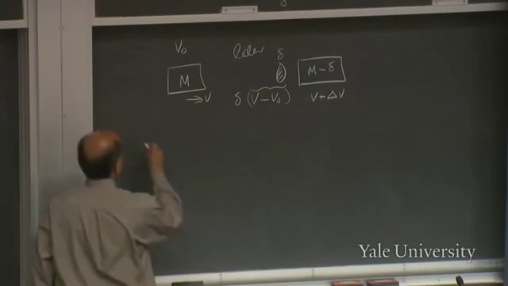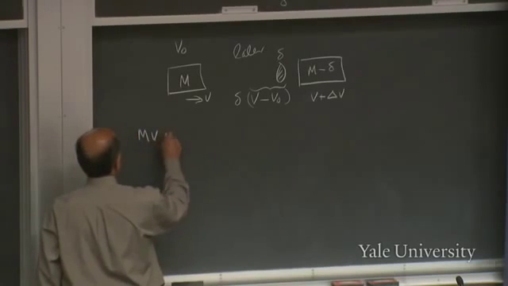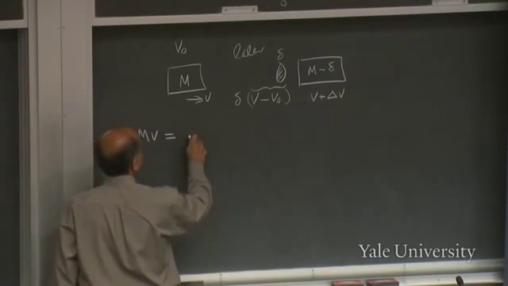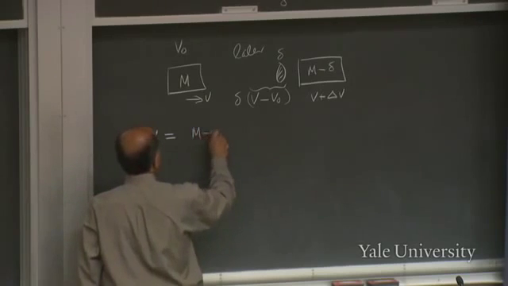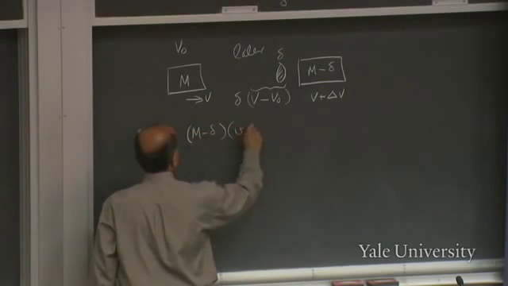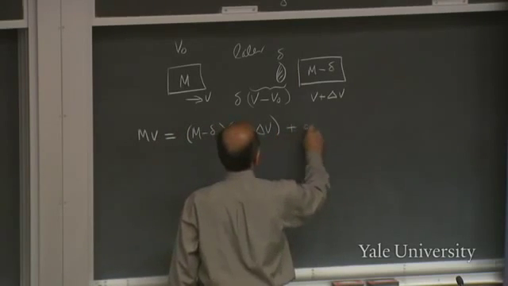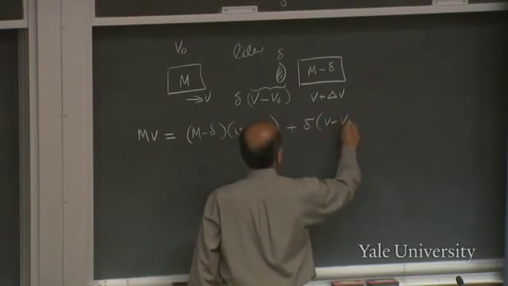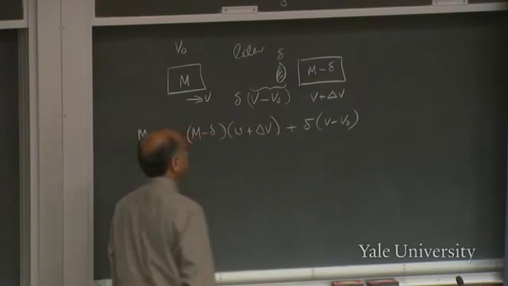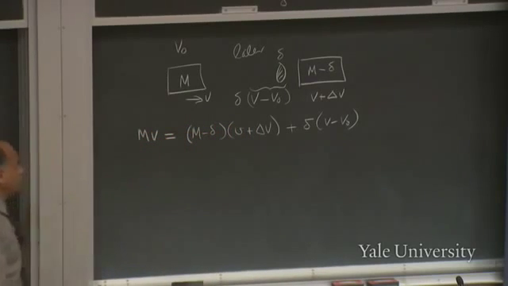So the law of conservation of momentum will say m times v is equal to (m minus delta) times (v plus delta v) plus delta times (v minus v0). This is momentum before and momentum after, equal.